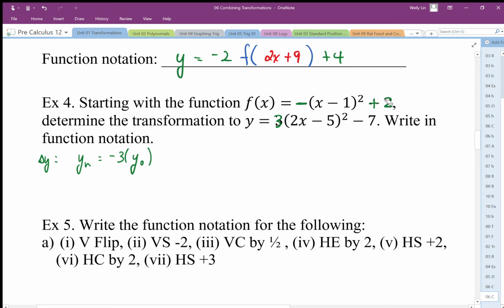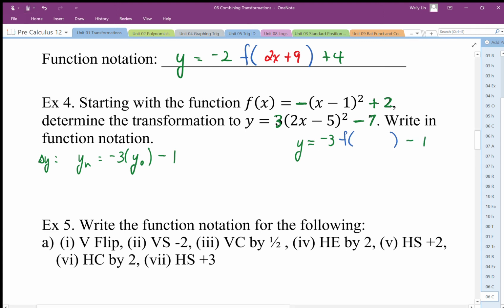That's -6 minus 1, which gives me my y transformation. So that's all good. So y equals -3 times f of x minus 1.